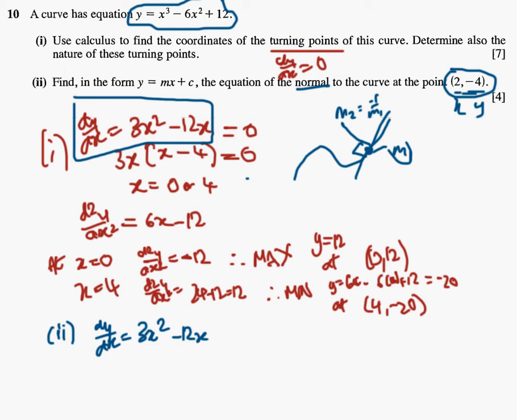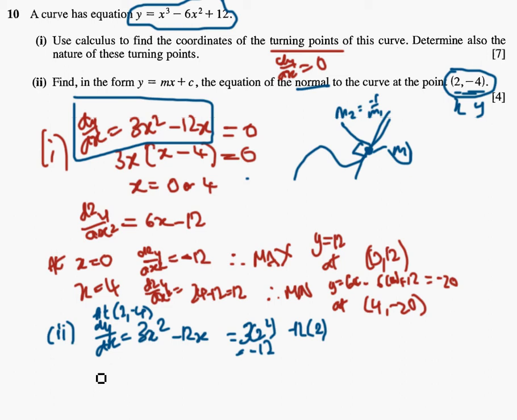The gradient is written in terms of x, and the x coordinate here is clearly 2. So at (2, minus 4), dy by dx is equal to 3 times 2 squared minus 12 times 2, which is 12 minus 24, minus 12. So that's the gradient, minus 12.